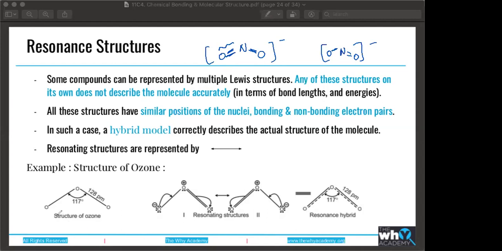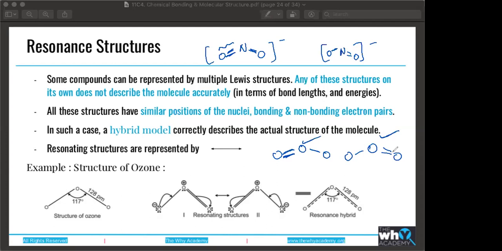The same thing is happening in ozone also. It's the same situation as the nitrite ion. So on one oxygen here you have a double bond, here you have a single bond. The double bond can belong to either of these oxygens. It can be like this or it can be like this.